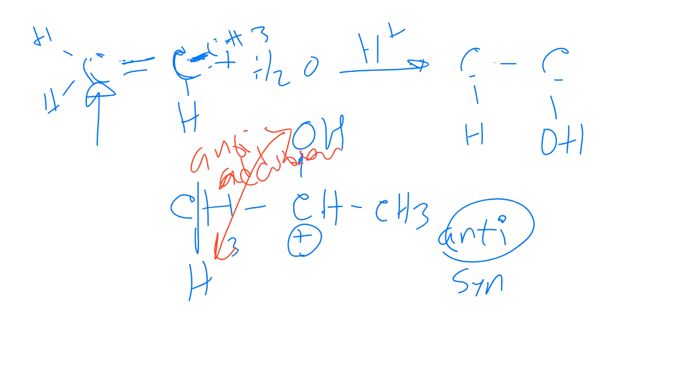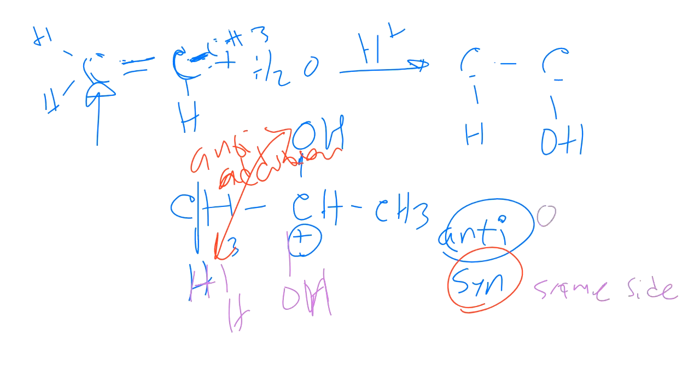Hydrogen is added from one side, OH is added from the other side. If you have syn addition, you get this relationship here. If the H is added on this carbon, the OH is going to add to the adjacent carbon from the same side. So this is the same side addition, and this is the opposite side.